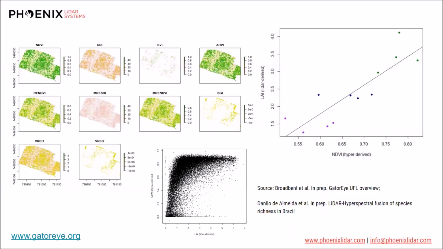So yeah, we've got this great data set now, and we've been really pushing ahead a lot of this algorithm development. A postdoc in my lab, Danilo Giammaita, is doing great work on that right now. He's also a LiDAR expert, so it's a pleasure to have him there, and we've been working hard on pushing the application side of this ahead. So for example, you can run 80 different vegetation indices.